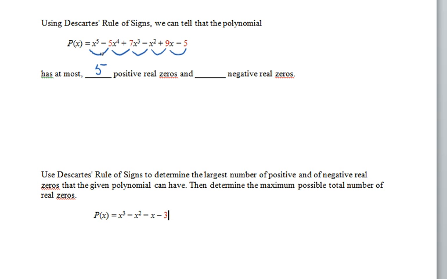Now, to find the maximum number of negative real zeros, we examine p of the opposite of x.